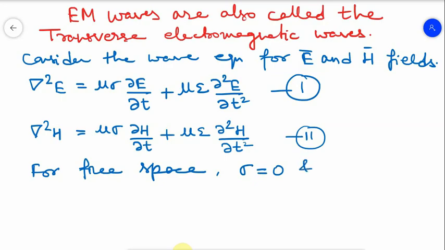And epsilon will be what? For a medium, epsilon is epsilon 0 epsilon r. But if it is free space, with no medium, epsilon will be equal to epsilon naught, the absolute permittivity, and permeability will also be absolute, that is mu 0 only.